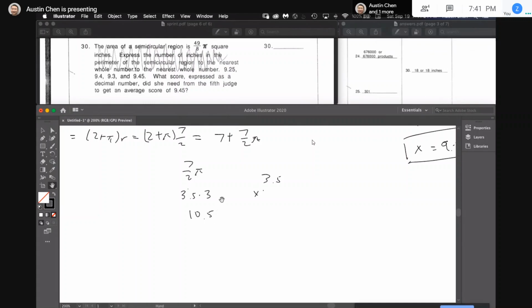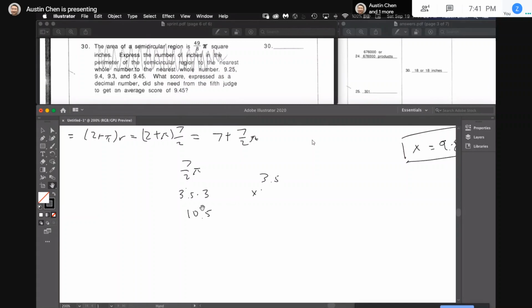And it's not going to be large enough to round to the next whole number because it's like 0.14 stuff, and 0.14 stuff times 3.5 is not going to be 1 or greater than 1. So then you can just say it's 11. And then 7 plus 11 is 18. Now, you can calculate it if you want to.